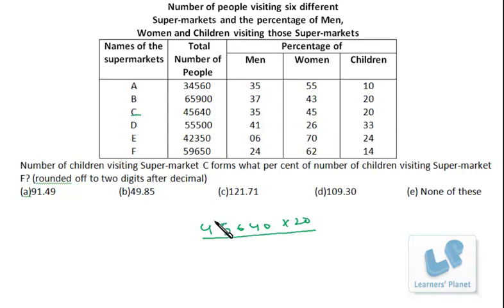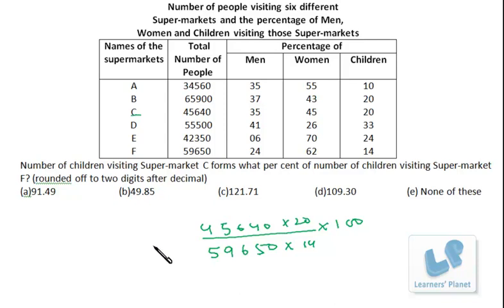That is actually what percent of children visiting supermarket F. So it's 59650 into 14. Both of them are in percentage. So finally they got cancelled and we have to find out now this from this. So it's 100, right? Approximately we have to calculate the percentage. So first, this big calculation we have to make.